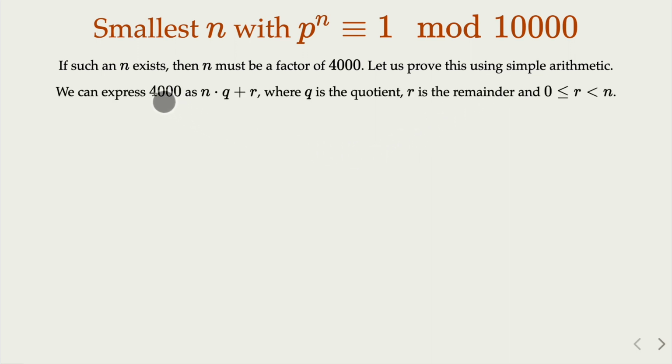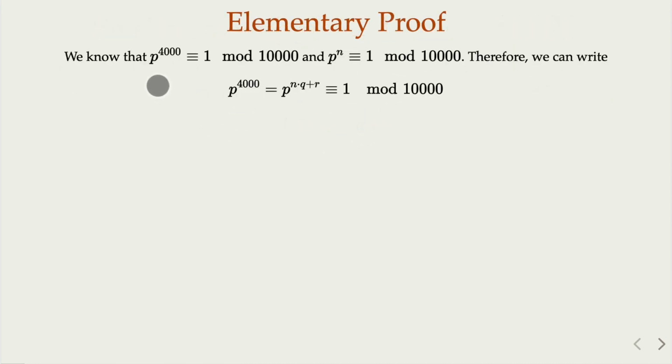Assume 4,000 can be expressed as a multiple of n with some remainder here. The remainder, of course, is smaller than n. So here we're going to say 4,000 equals this. Now we know that n satisfies this equation here, that is the remainder is 1 mod 10,000. So both 4,000 and n satisfy this property.